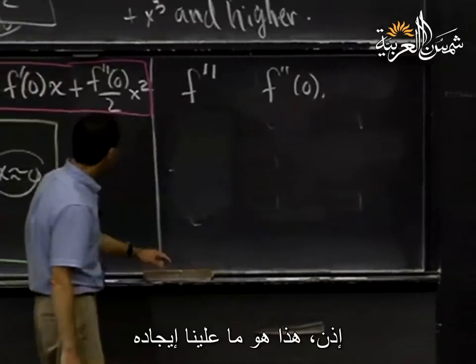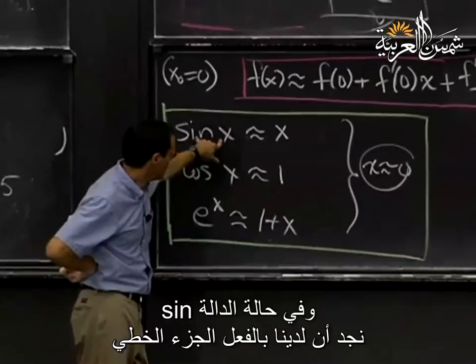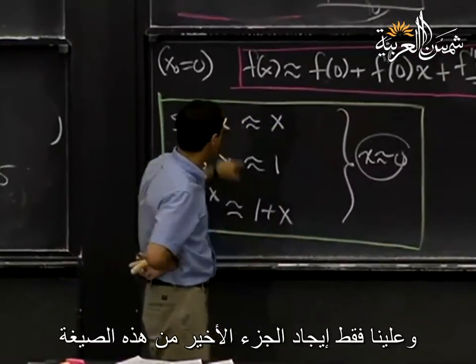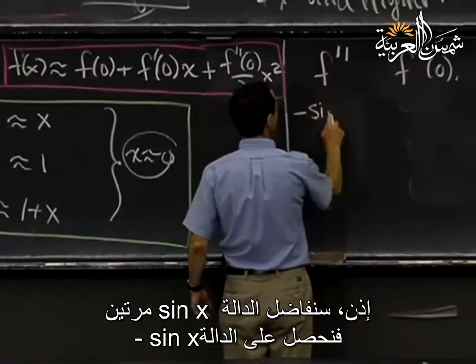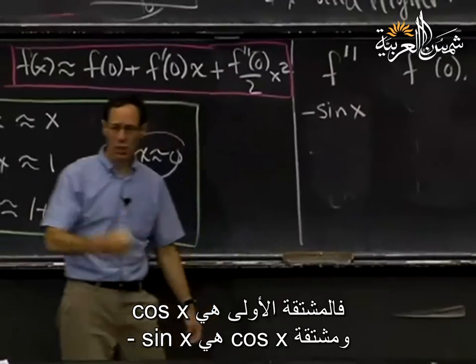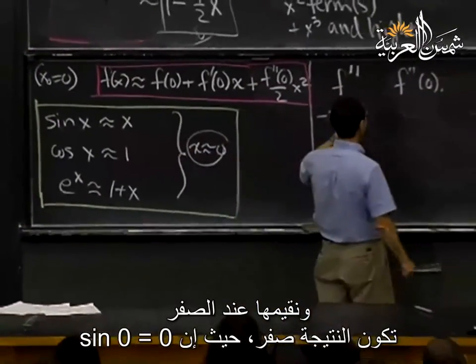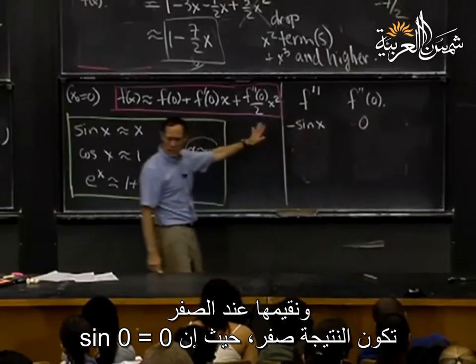All right, so this is what I'm going to need to compute. So if I do it, for example, for the sine function, I already have the linear part. I need this last bit. So I differentiate the sine function twice, and I claim minus the sine function. The first derivative is the cosine, and the cosine derivative is minus the sine. And when I evaluate it at 0, I get, lo and behold, 0. Sine of 0 is 0.